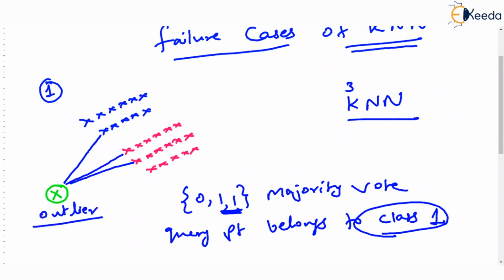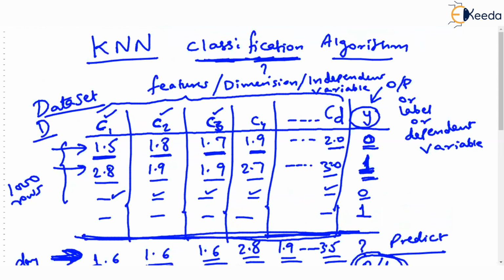You know what happens many times: the data given is authentic, I said, but many times, due to maybe an operator's mistake, or an equipment mistake in measuring this quantity, or some noise, this value might be something like 100.6. Now this doesn't seem meaningful, because all the values of C1 are in the range like 1.5, 2.8, maybe 2.9.